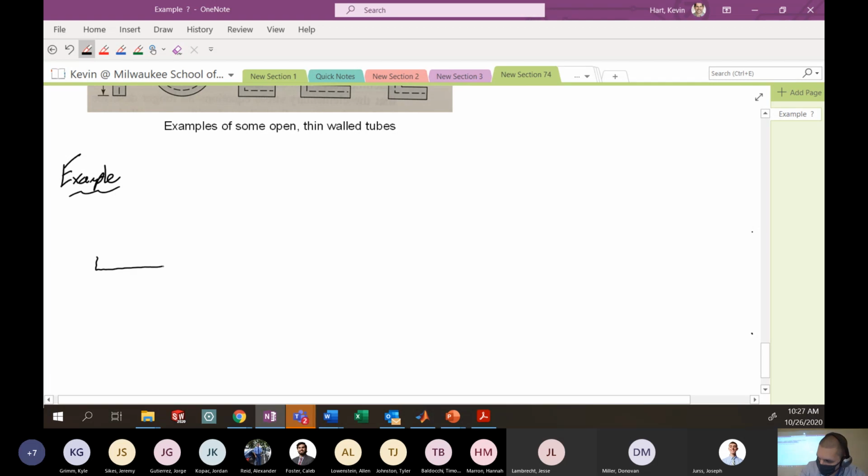Got a strip of steel. It's 1 inch wide and 1/8 inch thick, and it goes back into the page a certain amount. We're told that this is 12 inches into the page. Not to scale, by the way. This is 1 inch in width, and it has a thickness of 1/8 inch.